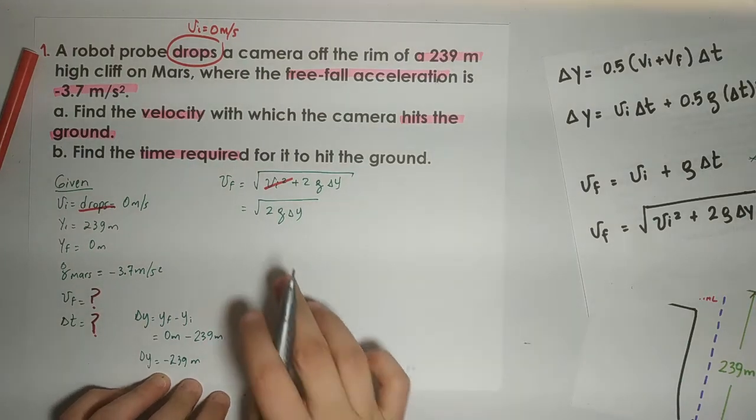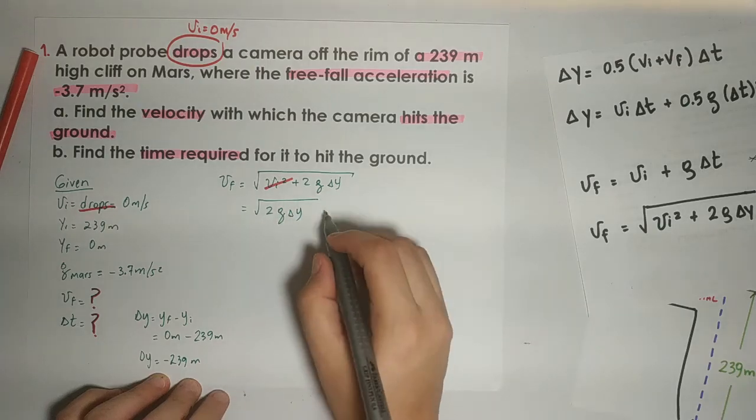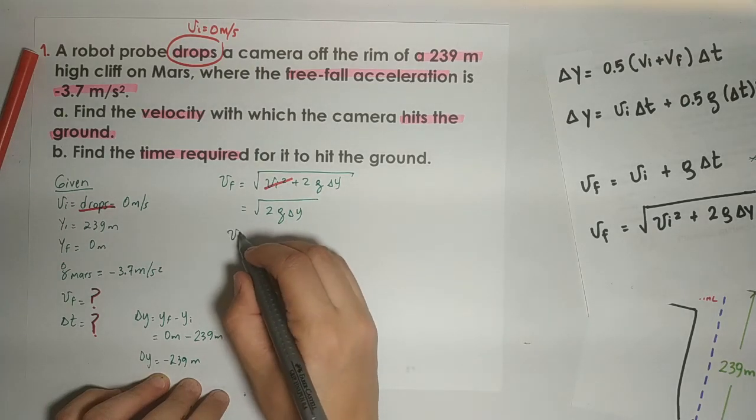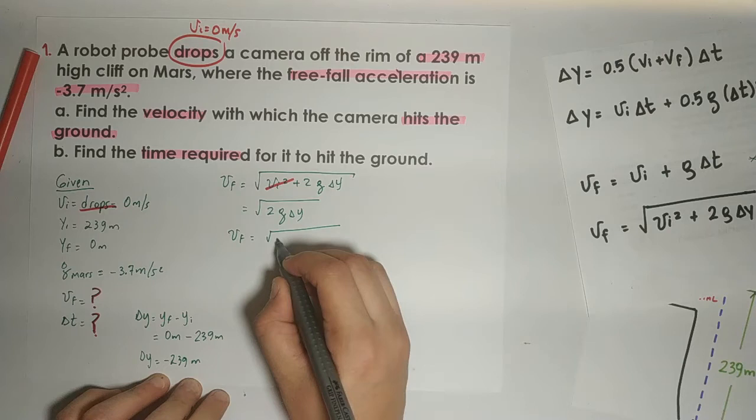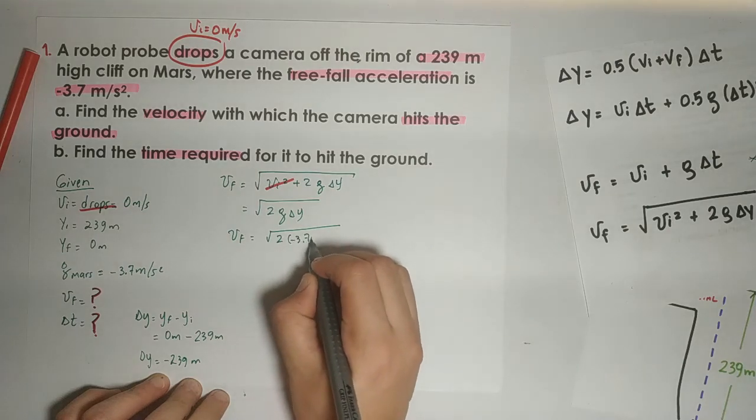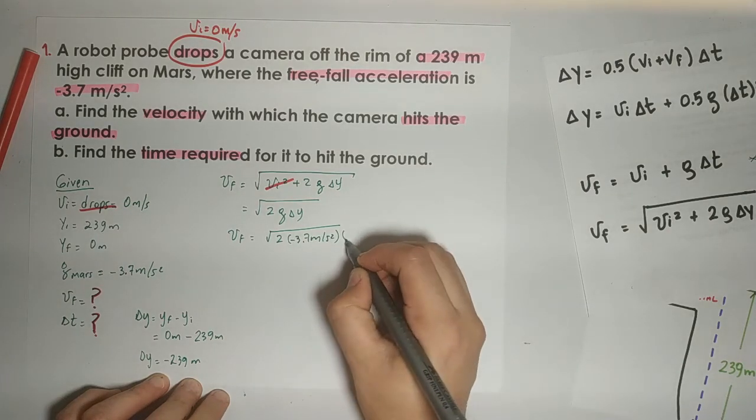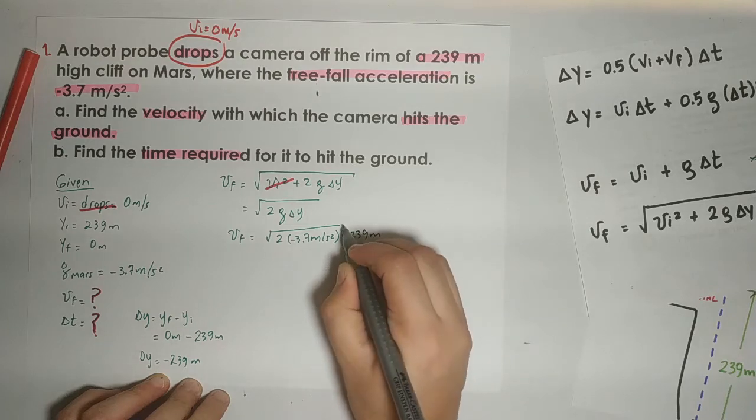So my expression was reduced to this, and my final velocity therefore will be equal to the square root of negative 3.7 meters per second squared times negative 239 meters.